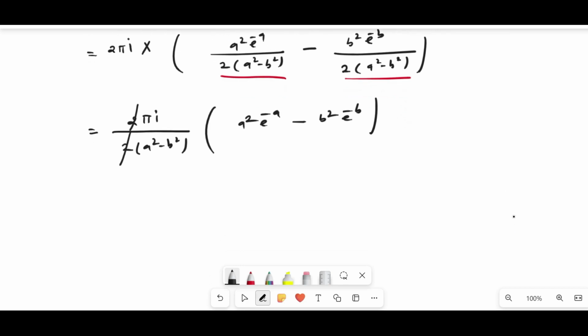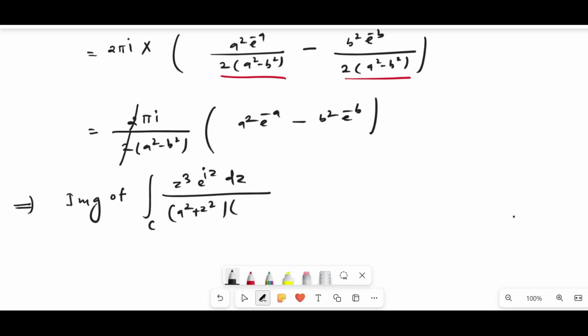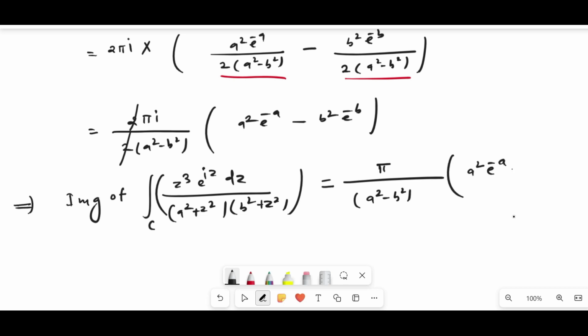So now the imaginary part of the integral over the curve C, z to the power of 3 e to the power of iz dz upon (a squared plus z squared)(b squared plus z squared), will be equal to pi upon (a squared minus b squared), bracket, a squared e to the power of negative a minus b squared e to the power of negative b.